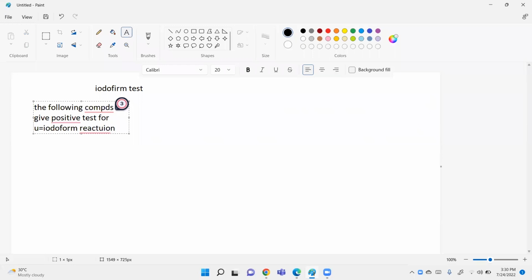The following compounds give a positive test for iodoform reactions. What are the compounds?